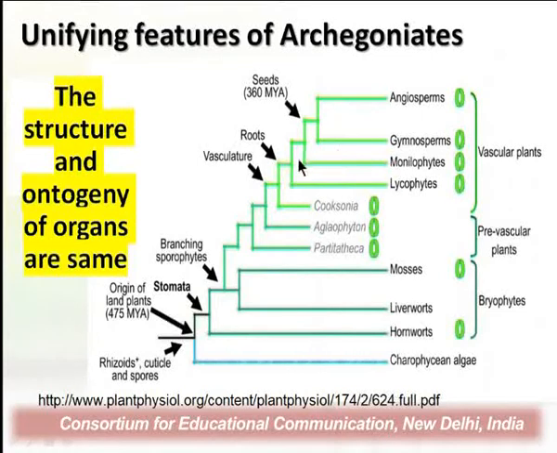For example, the process of development of vasculature will be the same in lycophytes, monilophytes, gymnosperms, and angiosperms. Similarly, the ontogeny of stomata is similar across all different plant groups, be it bryophytes, pteridophytes, or gymnosperms.